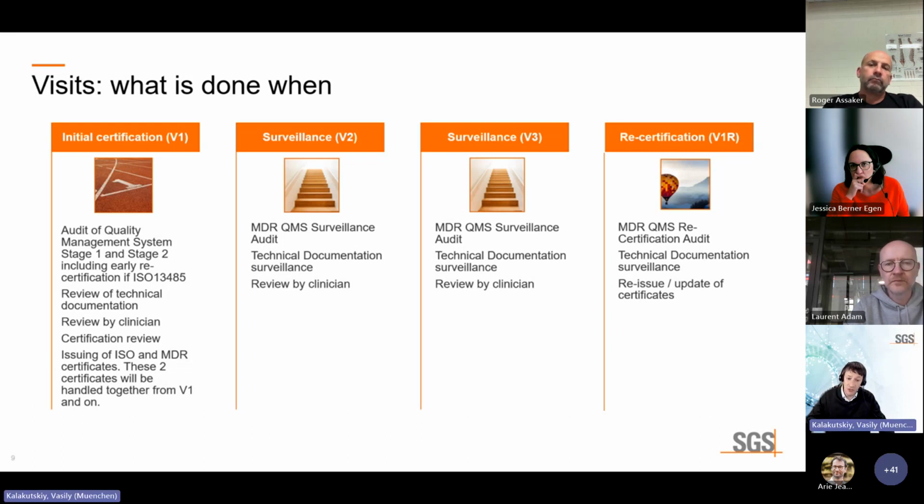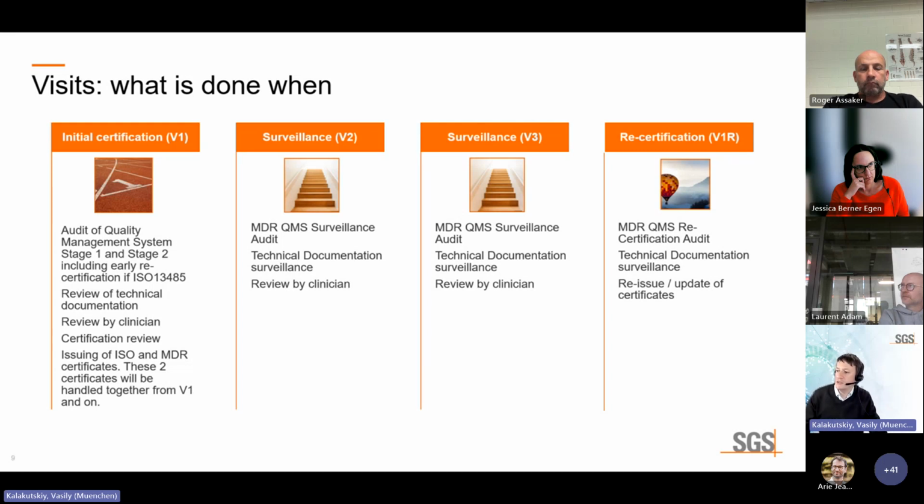If the certification review is positive, the certificates are issued. So the customers get the ISO 13485 from us, and the MDR certificate, the EU Quality Management System certificate according to MDR requirements. So in the next year, life is relatively more simple.